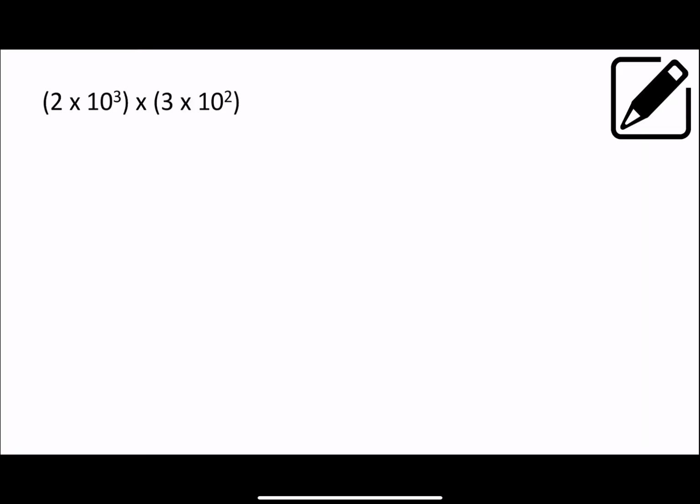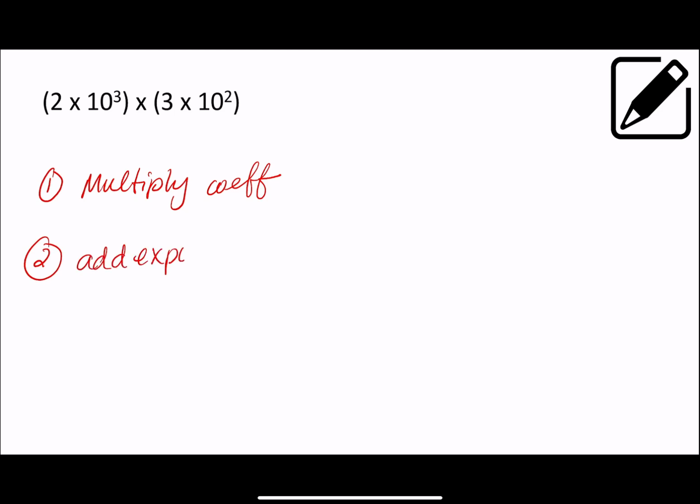So here's the first example. It's multiplication. Just like the steps on the next slide said, first you're multiplying the coefficients, and then you're going to add exponents.